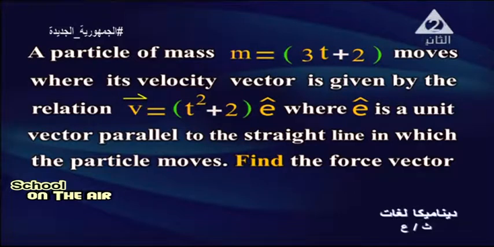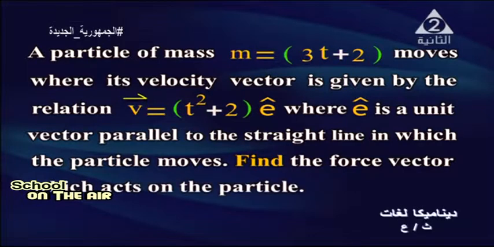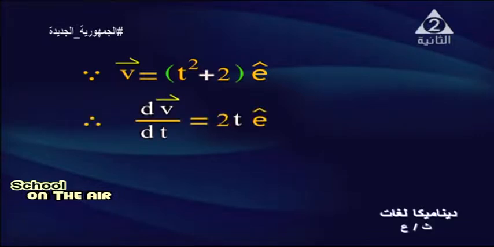Find the force vector which acts on the particle. Since v vector equals t power 2 plus 2 e, then dv/dt equals 2t e. E is the unit vector parallel to the straight line in which the particle moves. Then the acceleration equals 2t e.